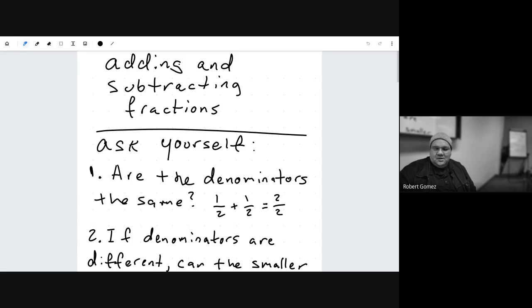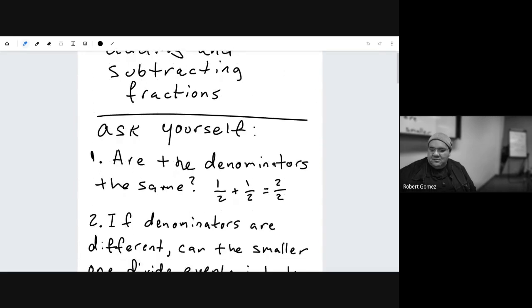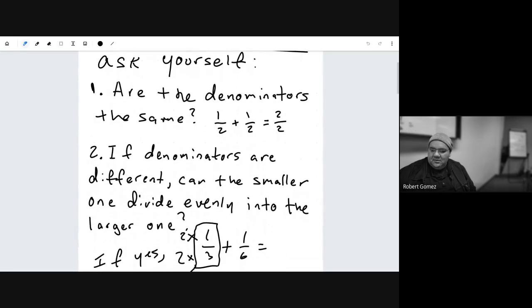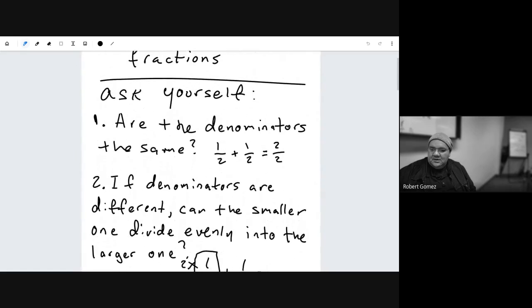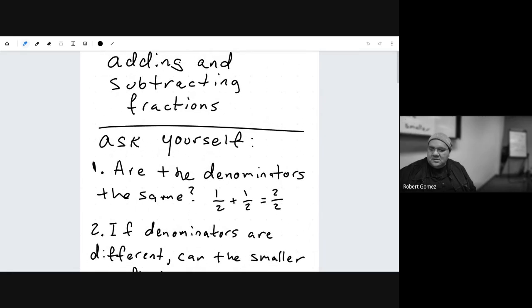I'll give you a moment. If you want to, copy number 1. You have to ask yourself questions, and this is the thing that you should be doing, having a dialogue. I know it's going to be weird because somebody might stare at you going, who are you talking to? I'm talking to my math.